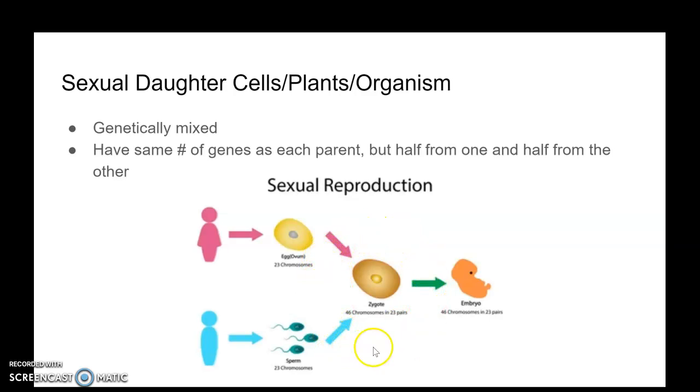This is where I think, on a personal belief, life begins, but that's just my personal opinion. Anyway, so have the same number of genes as each parent, but half from one and half from the other. Okay, so they still have the same number of genes as the mom, still have the same number of genes as dad, but only because the embryo, the offspring got half from one and half from the other.